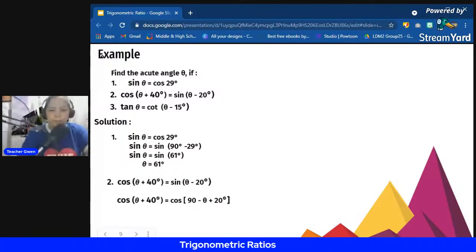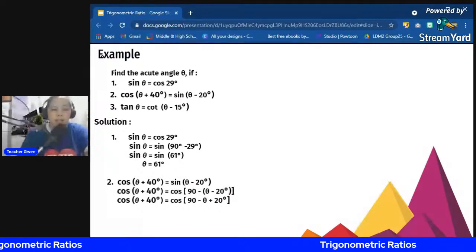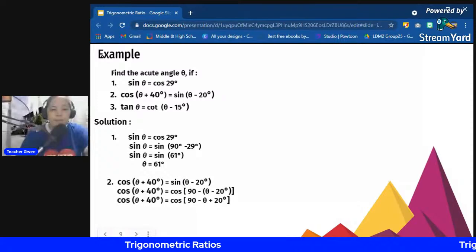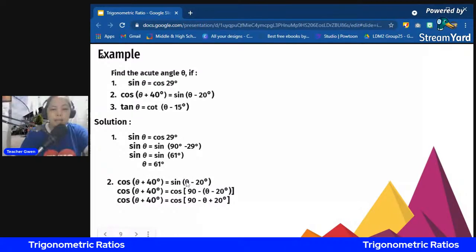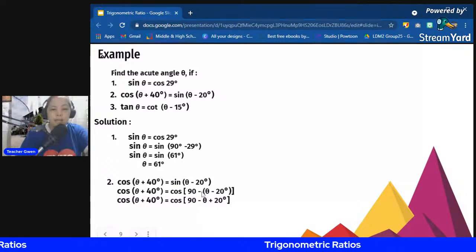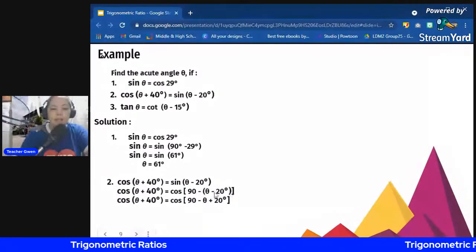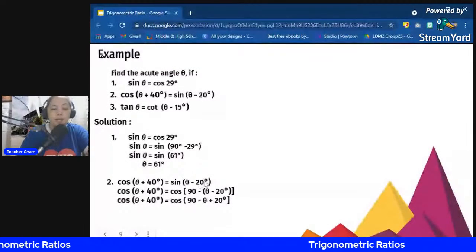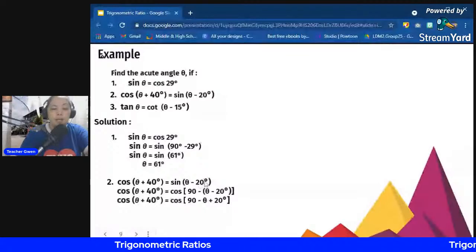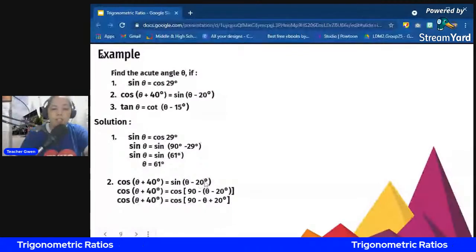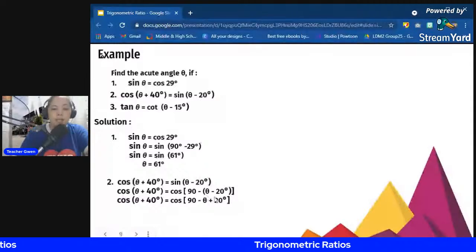So, cosine of theta plus 40 degrees is equal to, okay, remember, sine theta, ang theta is 90 minus theta. Ang theta now, theta minus 20 degrees. So, 90 minus 20 degrees.